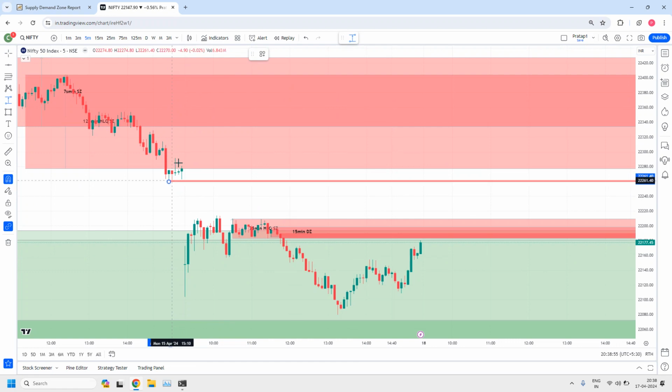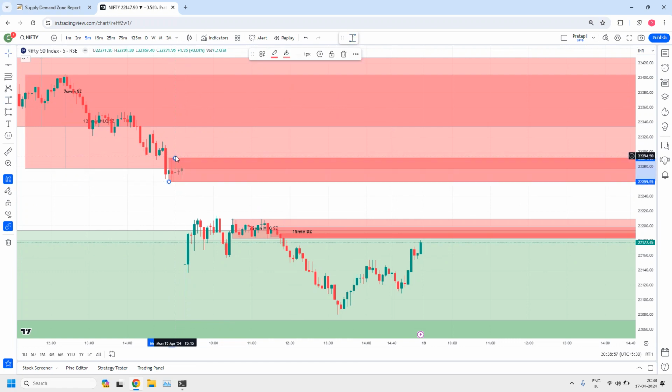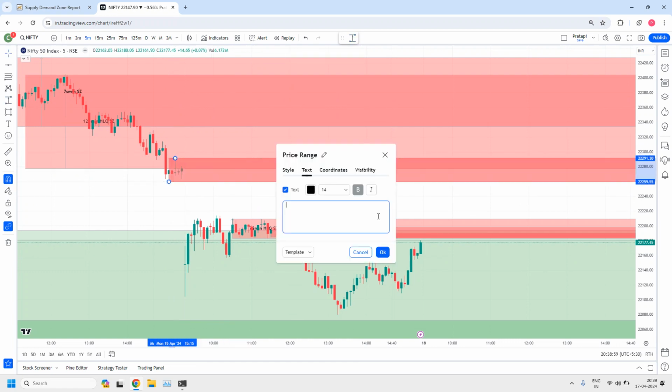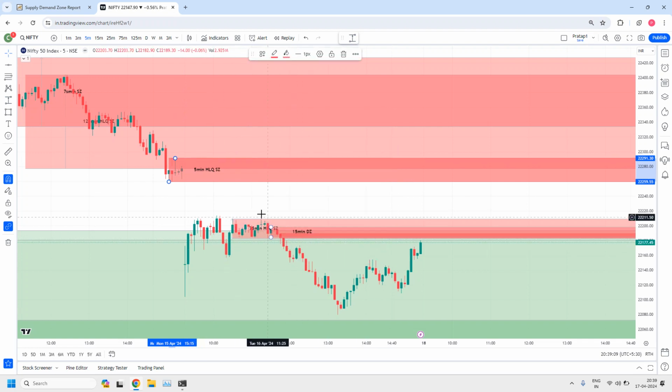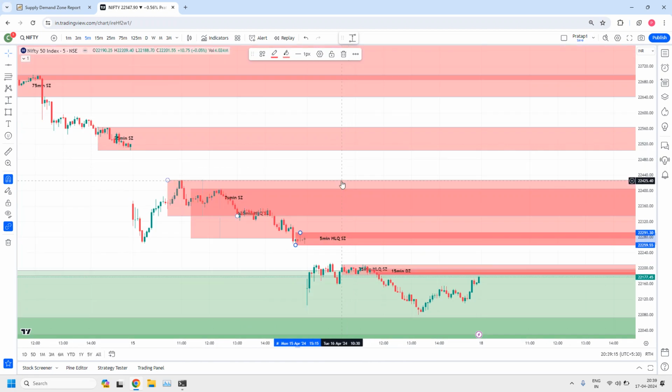This is a high liquidity supply zone, 5 minutes. If this 75 minutes high liquidity zone is violated, then probably here we may get some resistance. This is inside the 125 minutes high liquidity supply zone.